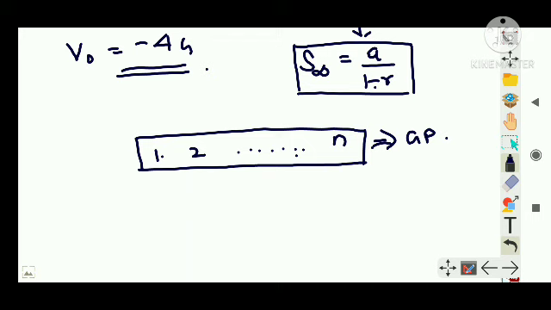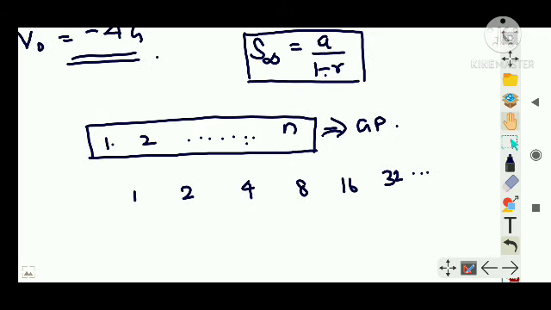That is, you are having the first term as 1, the second term as 2, the third term as 4, the fourth term as 8, then 16, then 32, like that you are having a progression, right? And let's say you are having till 32, or let's say 64 also I'm going to take.